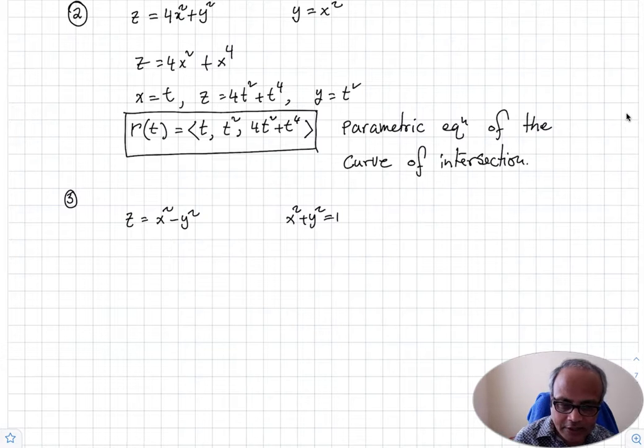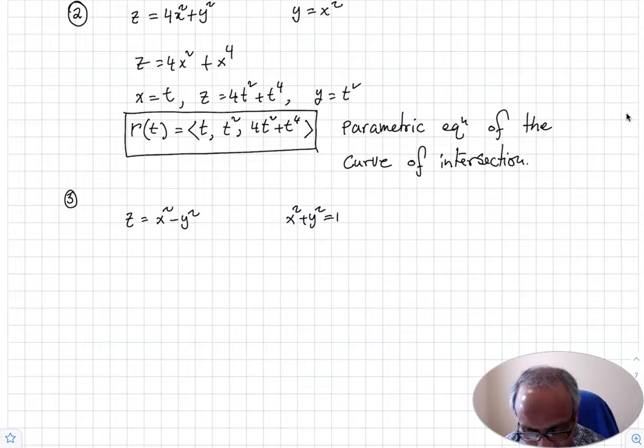As I said, there is no definite procedure or formula. However, I have seen that in the first two examples, I looked at the two equations and put them together to make a single equation for the intersection. This one, perhaps I can do the same thing. Let's try to combine them together.